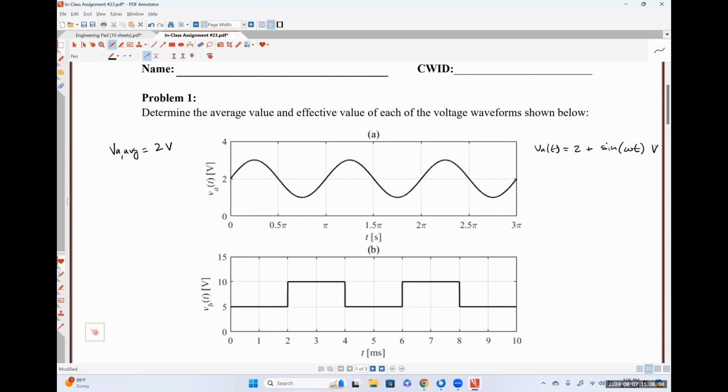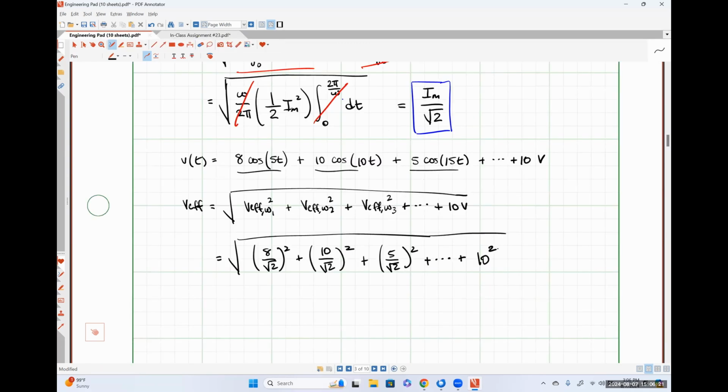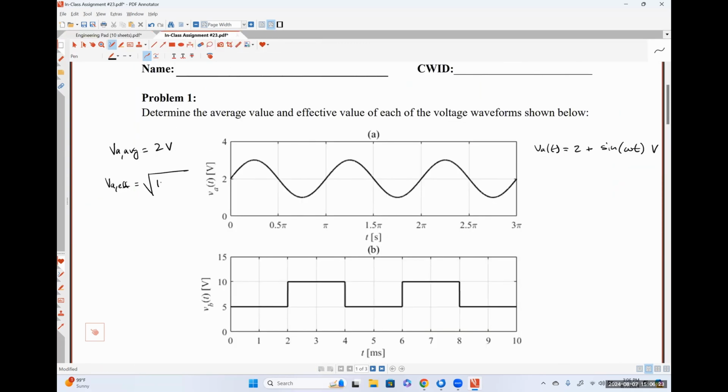So the effective value of this thing, so VA effective, should just be the square root of, actually, I made a mistake here. 1 squared plus, oh, sorry, that's not right. 2 squared plus 1 over the square root of 2 quantity squared.